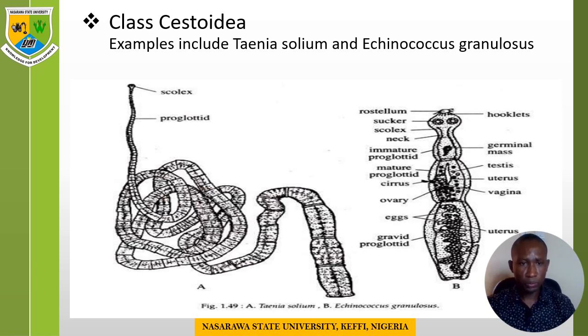This is a tapeworm. At the anterior end we can see the scolex and the proglottid, where the immature eggs are stored. It is segmented, and each segment sometimes possesses both male and female organs.